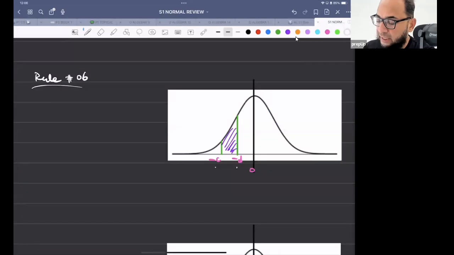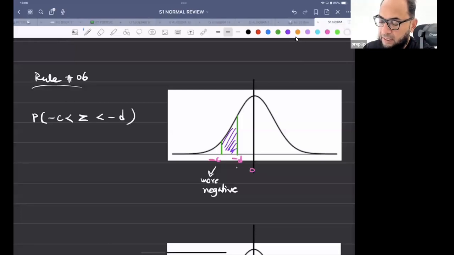Now, these two values are negative. This is more negative, this is the smaller value. So probability Z lying between two values, negative C, negative D. First of all, we remove the negative sign. So now which one is bigger?